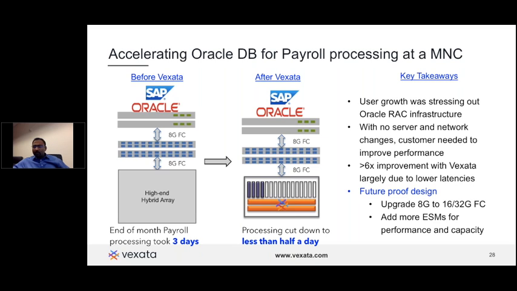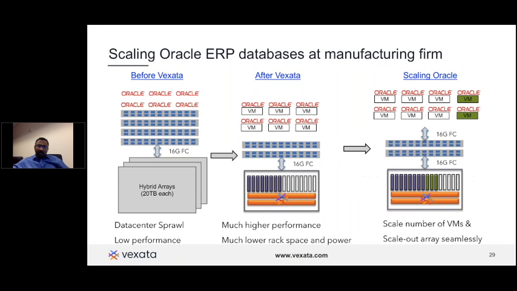The next one talks about a consolidation use case. Before Vexata, this company had multiple physical servers running Oracle. Oracle license costs were really high, and they wanted to consolidate to use fewer servers, so they went to using VMs, and they knocked down the number of servers from 6 to 2.